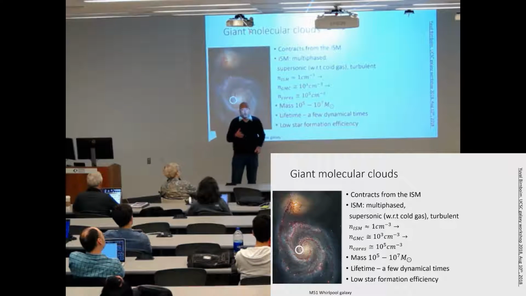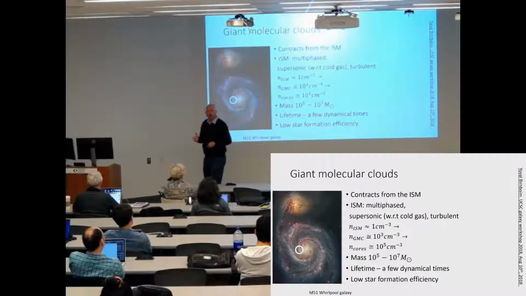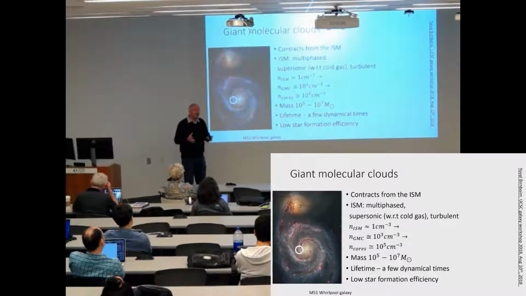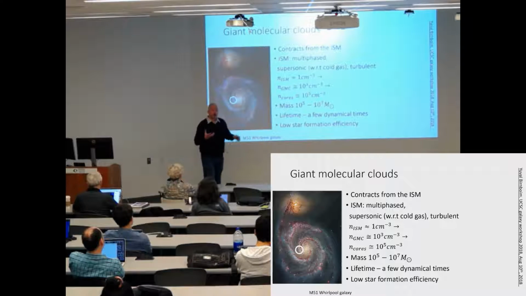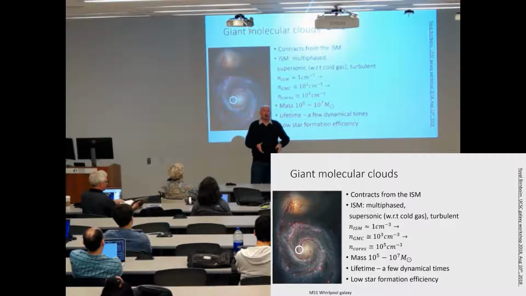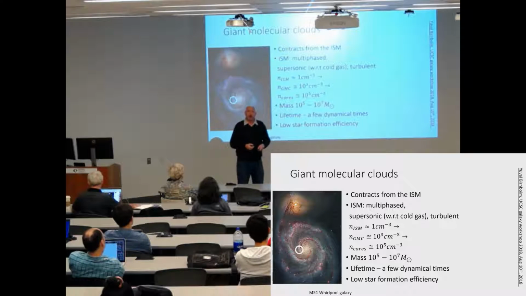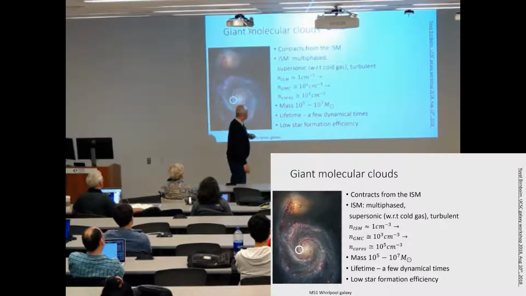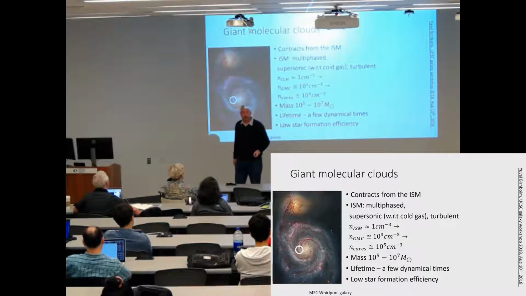And while there is some debate on it, it's widely agreed that the lifetime of a giant molecular cloud is longer than its freefall time. So something is keeping the giant molecular cloud from collapsing on a freefall time just because of gravitation and making all the stars. And also the efficiency for star formation is very small in giant molecular clouds.